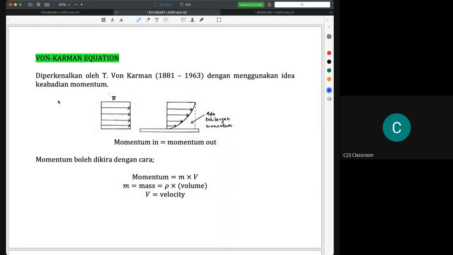We know from the equation for density that rho is equal to mass over volume, so mass can be written as rho times volume. That's why I write here mass is equal to rho times volume. And the value of V here is the velocity of the molecule.